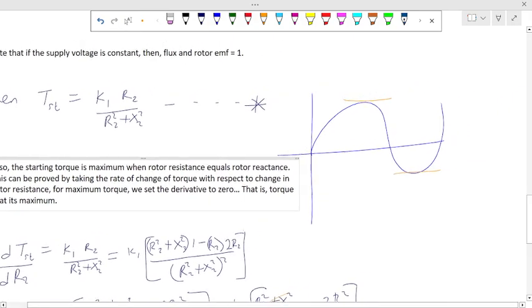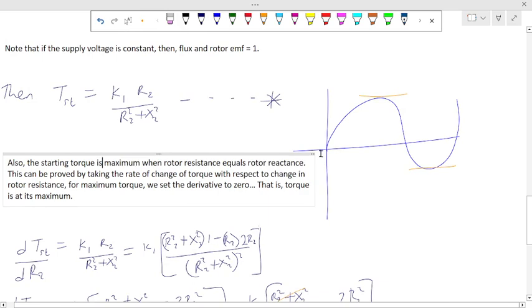When we say something is at maximum, that is the change. The derivative, which is the change, is 0, meaning there's no change. This part is just parallel to the x-axis. In this case, T is the torque, and then the resistance.